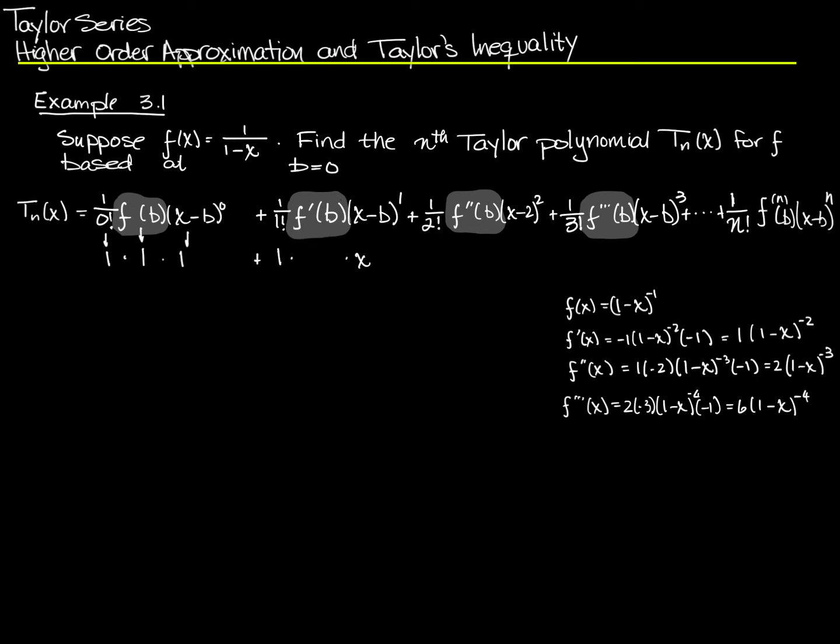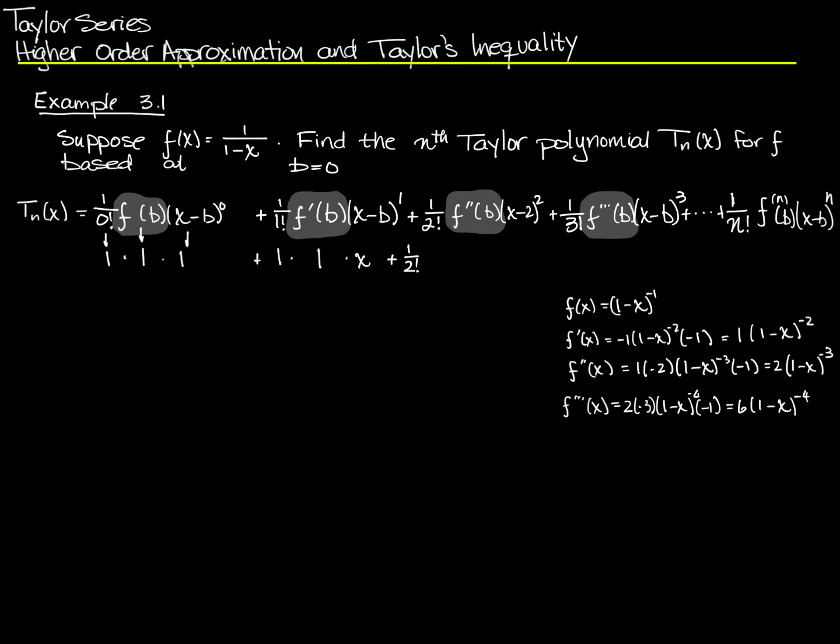But what is f prime at b? Well, b is 0, so f prime at 0 is 1 minus 0, which is 1, raised to the negative 2 is 1, times 1 is 1. So this is also a 1. Plus, now I have a 1 over 2 factorial here. So I'll write that as 1 over 2 factorial.